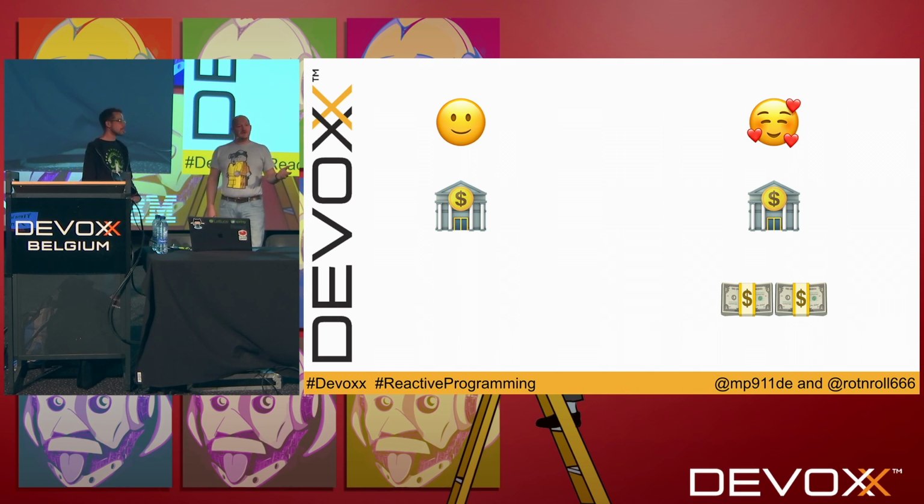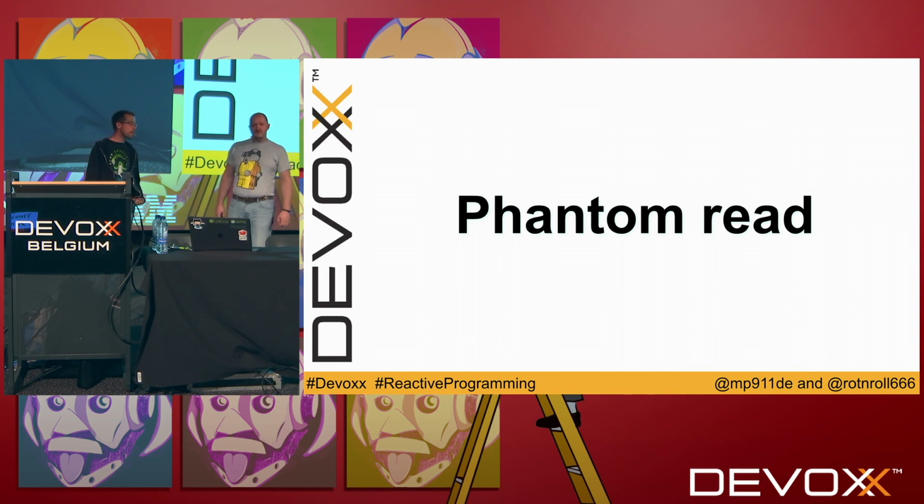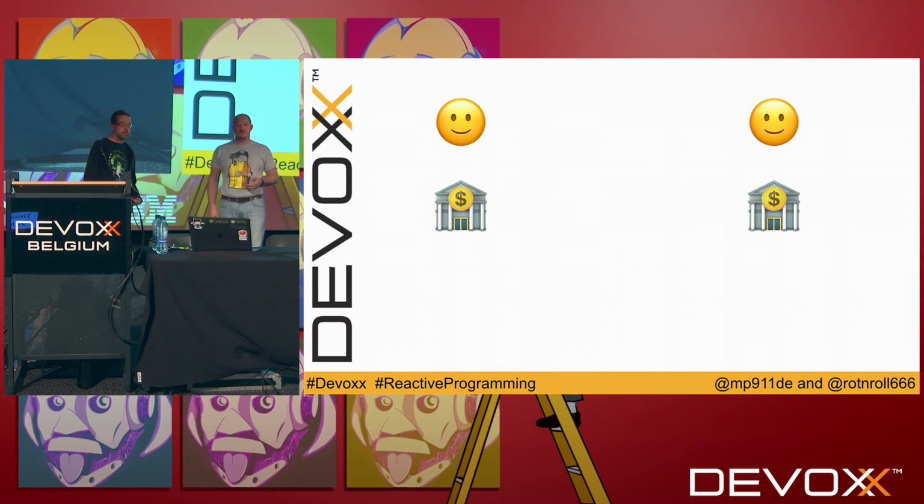But you aren't here today to just hear about the fancy and shiny happy cases, right? We are basically here to learn what can go wrong and to learn what we have to watch out for. And let's directly dive into that. Now, there are things like phantom reads that you might have heard about. And let's see how this actually works in the scope of a transaction.